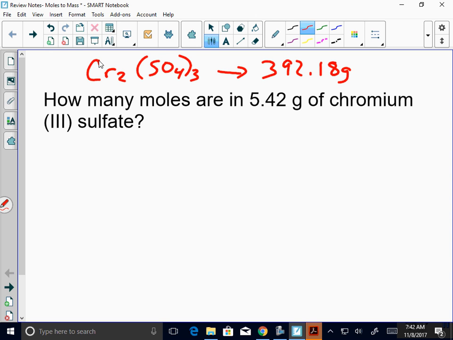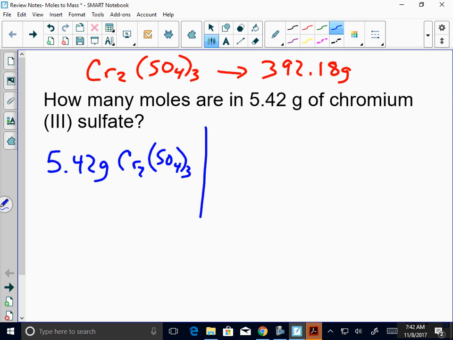Now, all I'm doing with the rest of this stuff is just the flux capacitor. I take what I'm given, 5.42 grams of chromium(III) sulfate, and I put my conversion box. Even though it's not up here on the board, I can see that I'm given a mass, so I'm starting at the top. I'm going to moles, which is the middle.